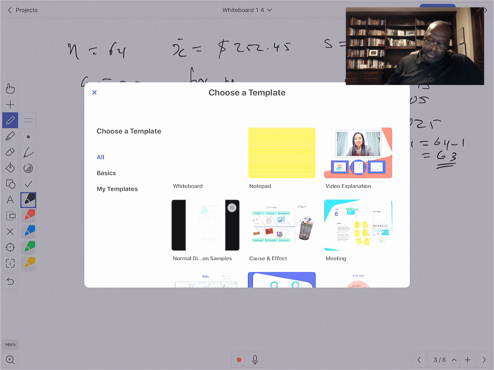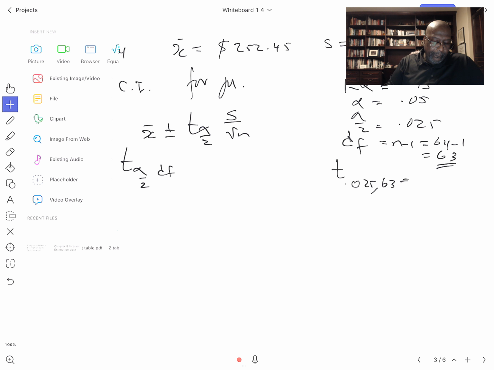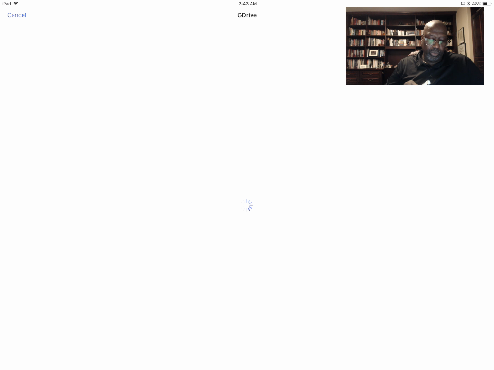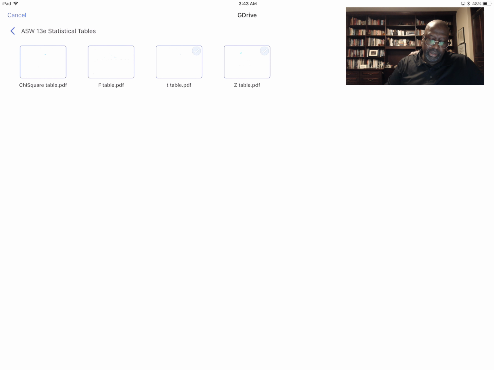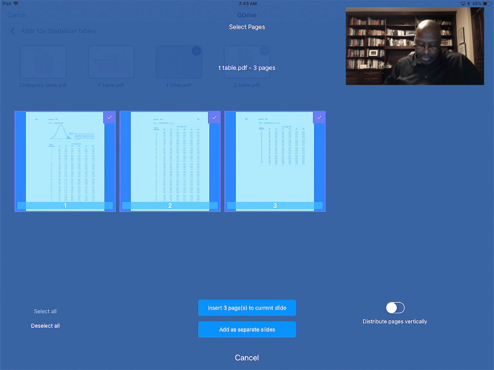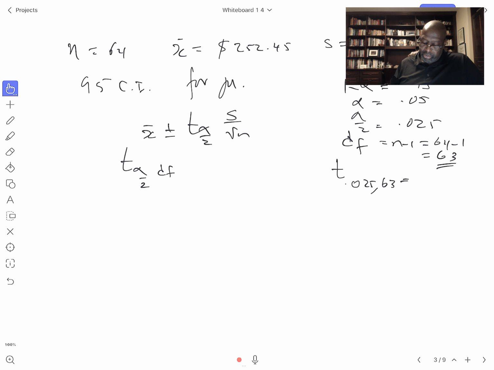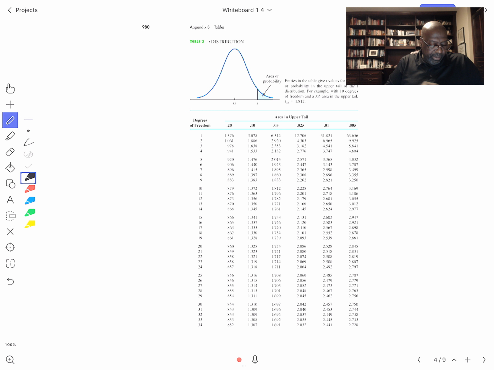So I'm going to insert my t-table right here so that we can look at it together. The tables, we need the t-table. And here we go. So remember, the area in the tail is 0.025, the degrees of freedom is 63. On this page, the maximum degrees of freedom that we have is 34.